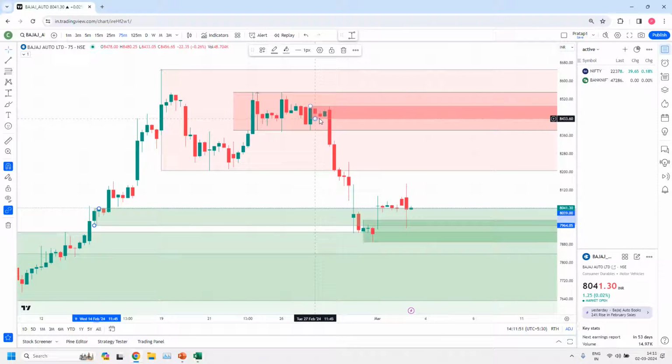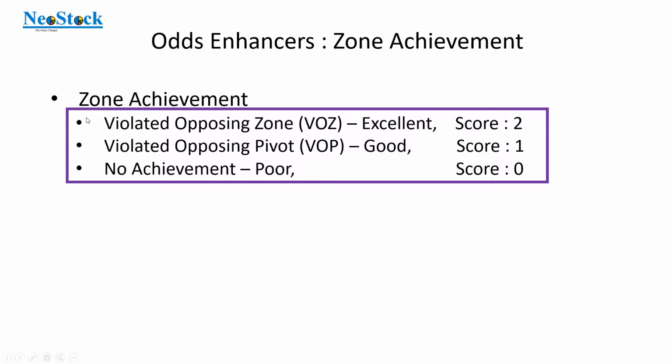Whatever the number of demand zones violated because of this supply zone, it gets only one achievement, that is violated opposing zone, and it gets only the maximum score 2, that's it.